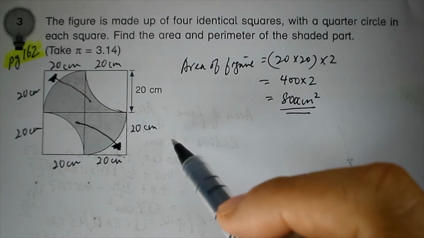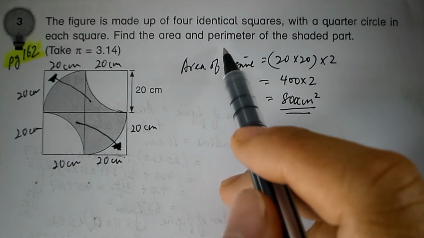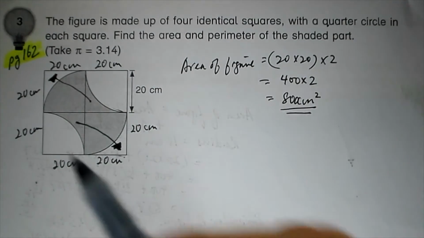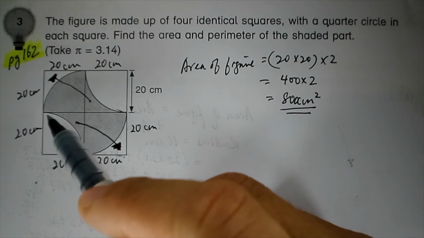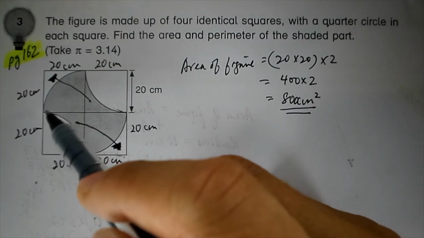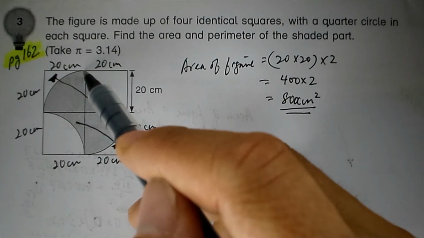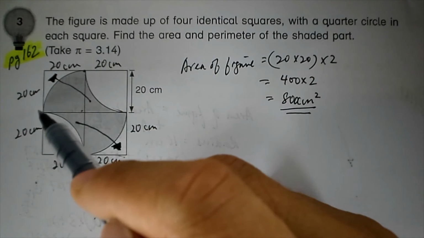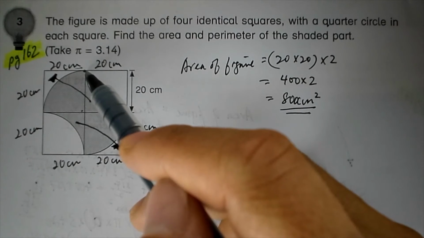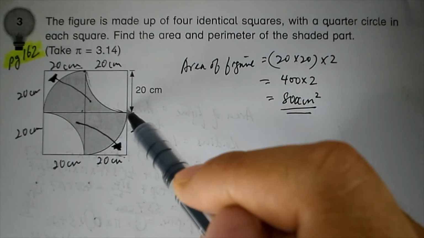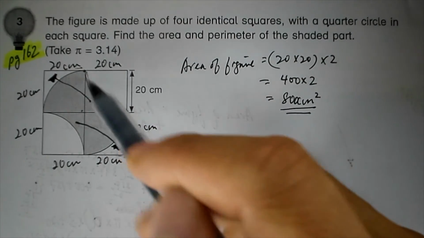Alright, next we are supposed to calculate the perimeter of the shaded part. As you can see, the outline is the perimeter, and the perimeter is made up of 1 quarter of a circle over here, followed by another quarter circle here, which is the unshaded part.